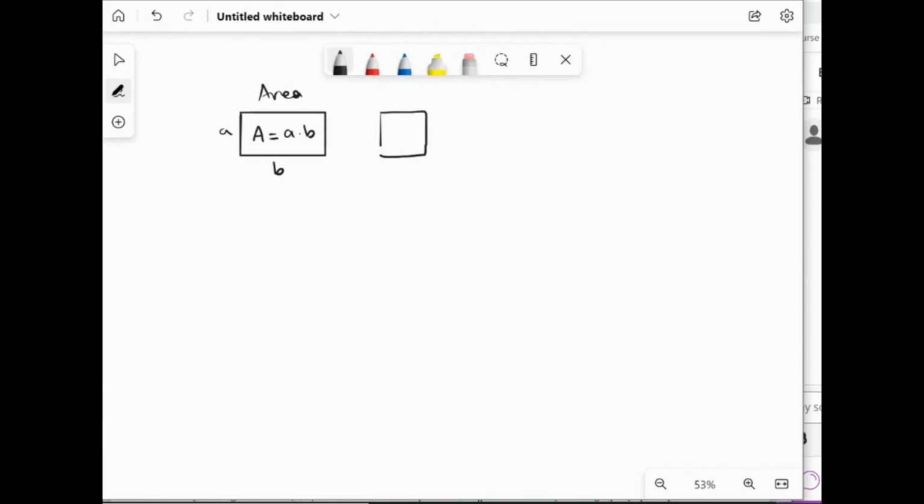If you have a square with sides A and A, what is the area? Again, just multiply the two sides, which is A squared. There are also formulas for finding the areas of a triangle or a trapezoid.